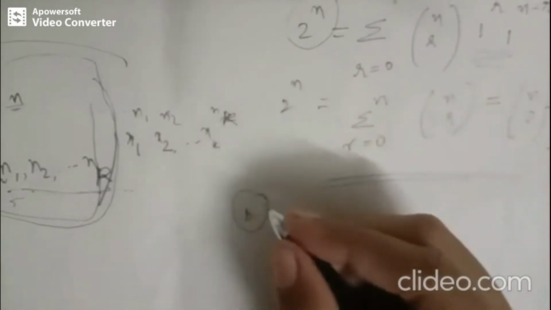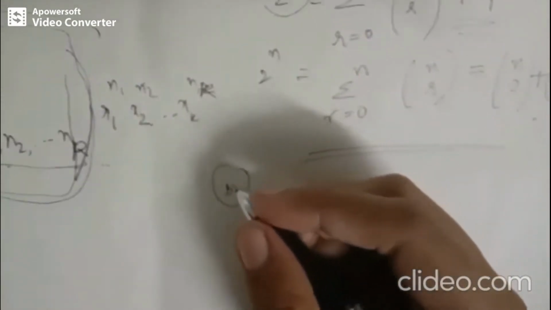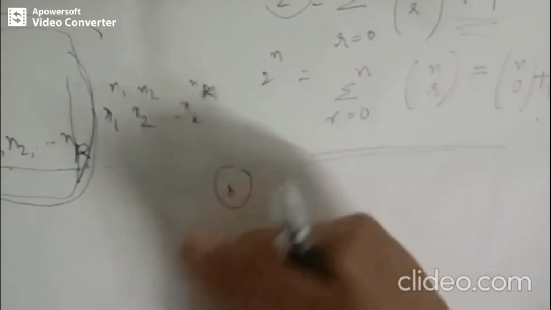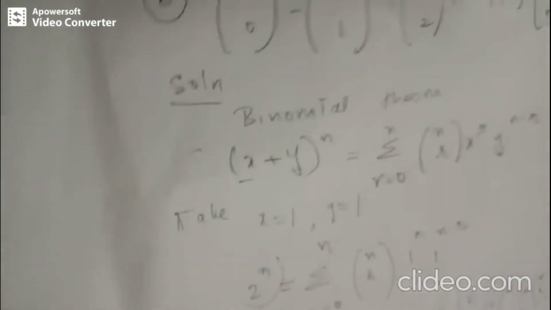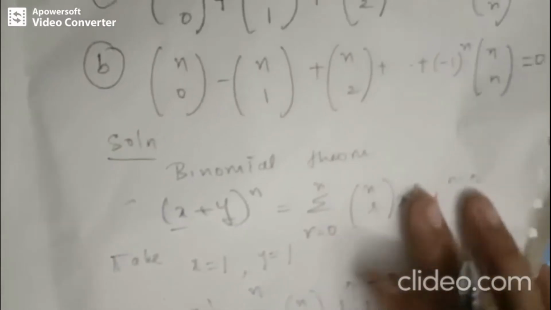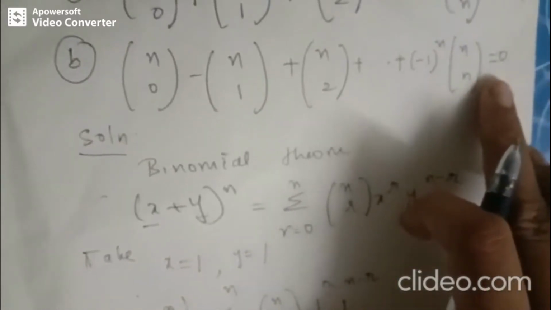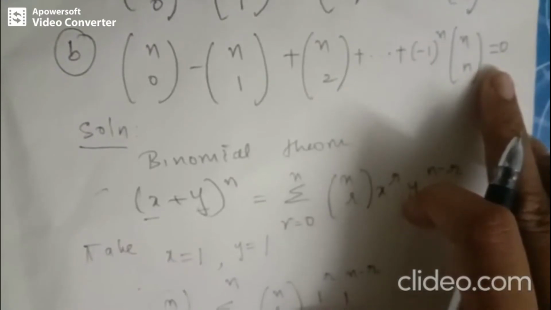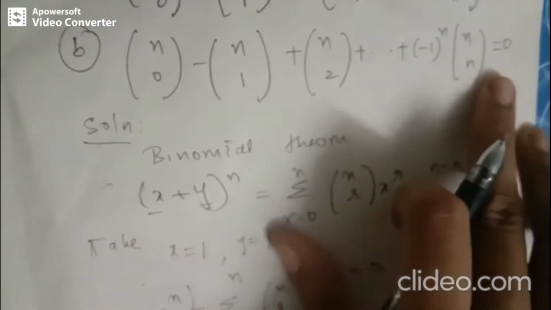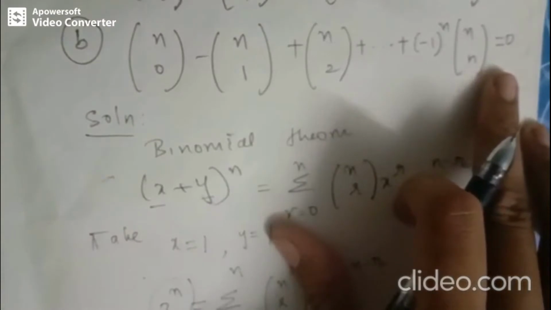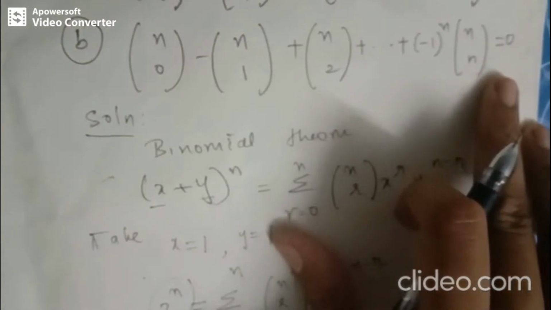Coming to the second part, B, you are going to prove that the result is 0. So it is very clear that one of them has to have the reverse sign. For example, if I take x is 2, y has to be minus 2.